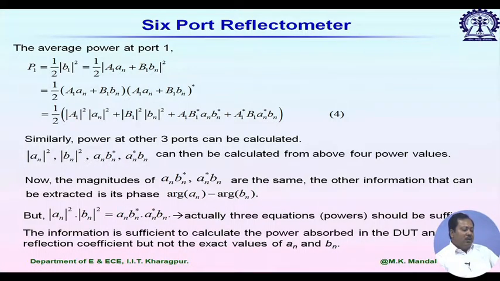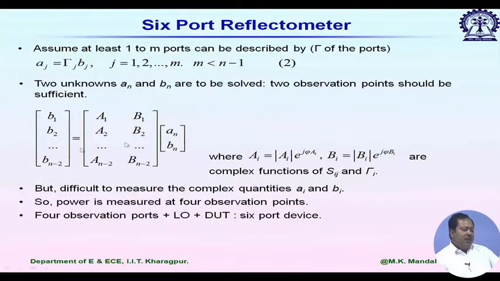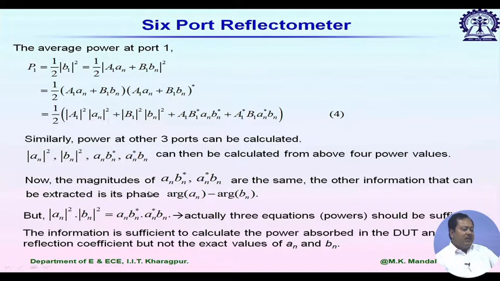Now, An Bn, we have already this matrix. So, once we have all these quantities, we can then calculate An Bn from these 4 power values. Now, you see one interesting thing: the magnitude of An Bn star and An star Bn are the same in equation 4. Then the other information that can be extracted is its phase.